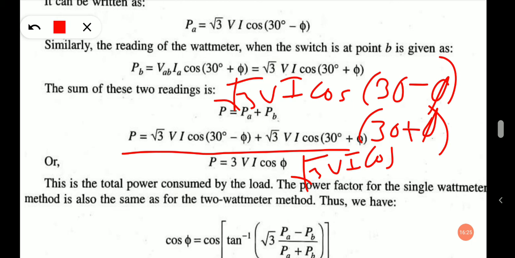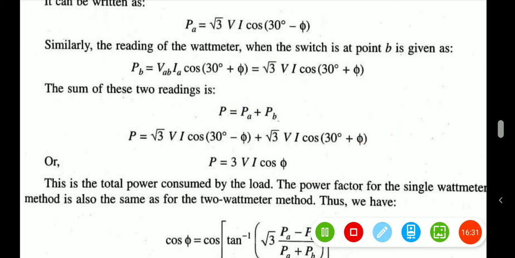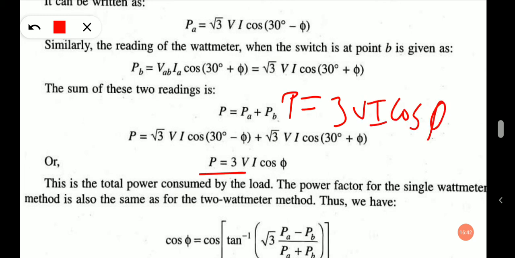If we add these two powers PA plus PB, then we will get the sum of the two powers P as 3 VI cos φ. Okay, so this is the total power consumed by the load.